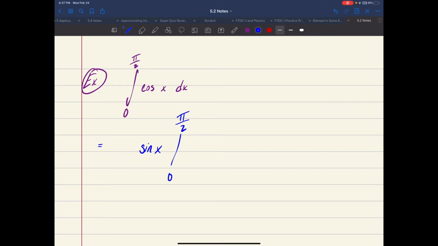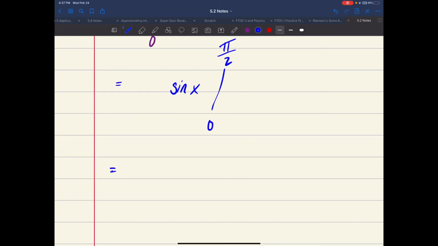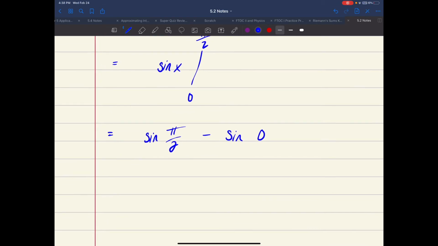Notice I don't have the c, and I don't need the c because this is a definite integral. We have boundaries, so we don't need the c. Then we just evaluate. This would be sine of pi over 2 minus sine of 0. Sine of pi over 2 is 1, sine of 0 is 0, so this is equal to 1.